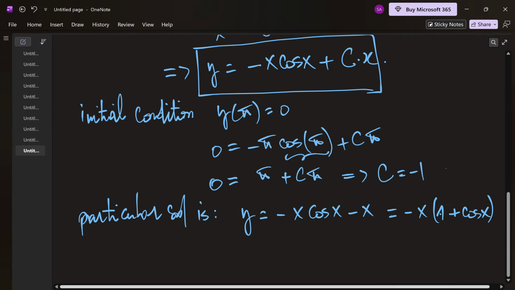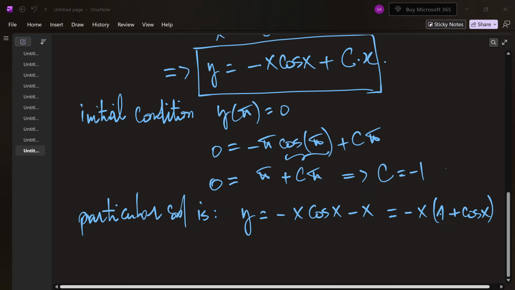Okay, so this is the final solution of problem number 2. Are there any questions before going to problem 3? So I move to the next problem.